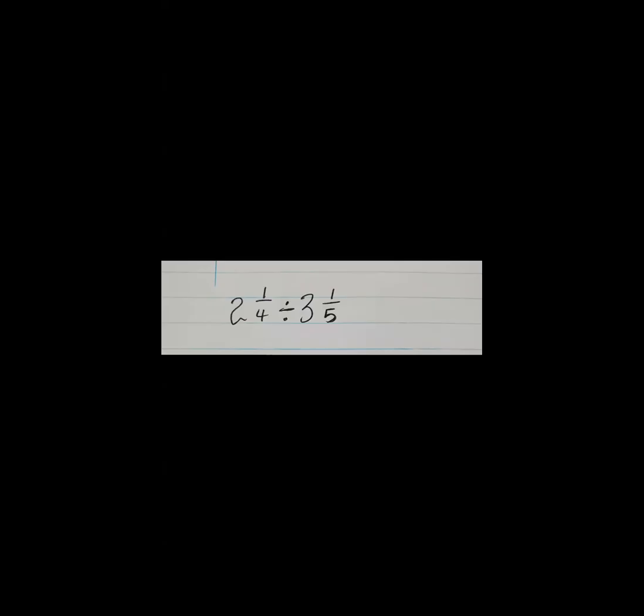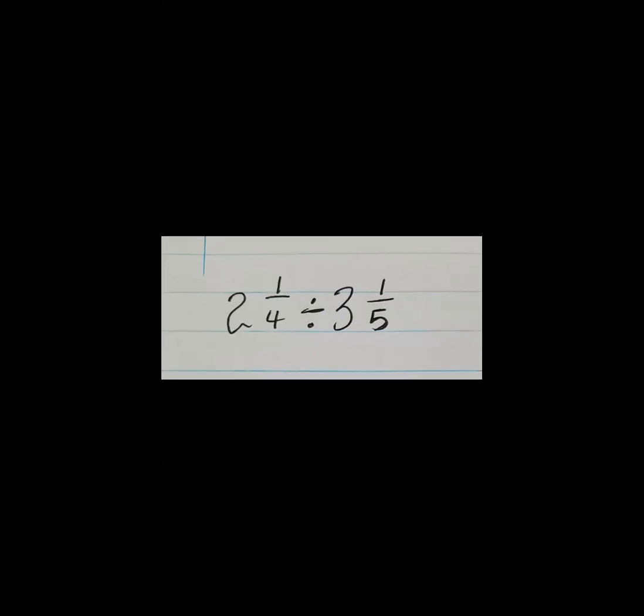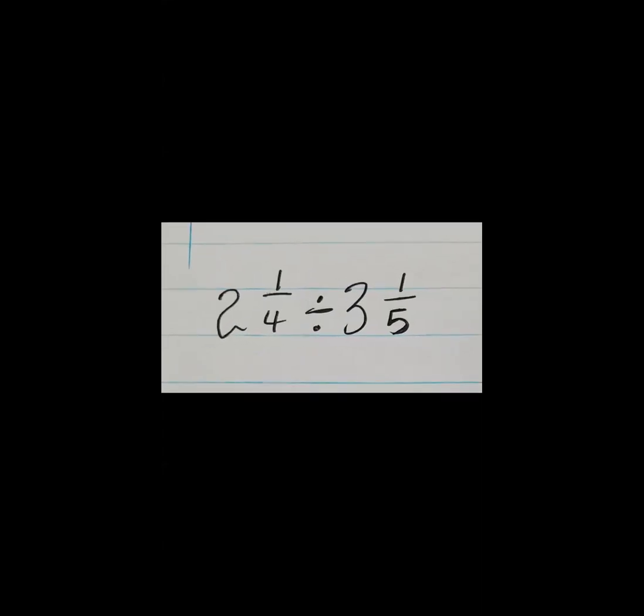Now, division of mixed numbers. Again, we do the same steps as the multiplication of mixed numbers. However, we have to remember that with division, we keep, change, and flip.